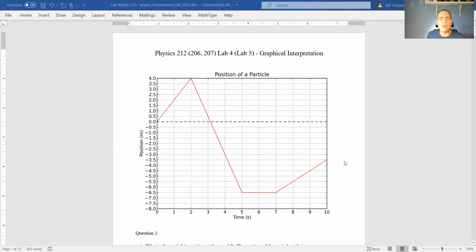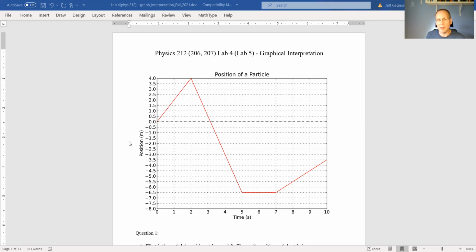Hopefully you watched the video on the practice graphical interpretation examples. That's very important because in that video, I go over how to answer these types of questions. Now for your lab report, for the first question, I give you a position versus time graph. Remember, this is a particle moving in one dimension.